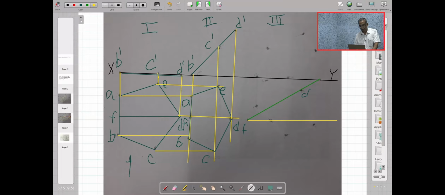You can use a compass, take this length DF1 and mark it. So draw an arc for a radius equal to DF1, taking this point D as center. You get an arc, and this will be my point F1.